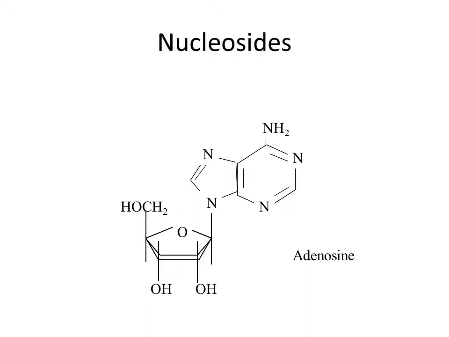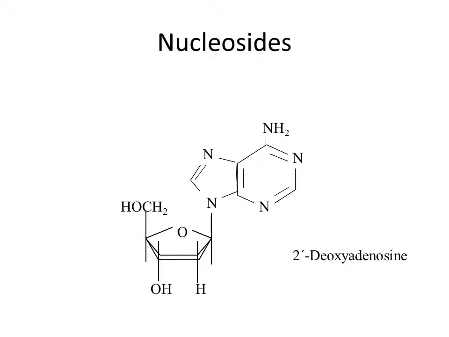Here's an adenine nucleoside, and so instead of being adenine, it is adenosine. Now notice, see the number 1 carbon has the adenine attached by one of the nitrogens in the 5-member ring being attached to the carbon instead of the beta hydroxy group.